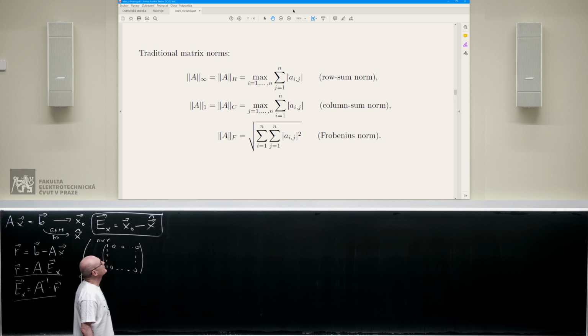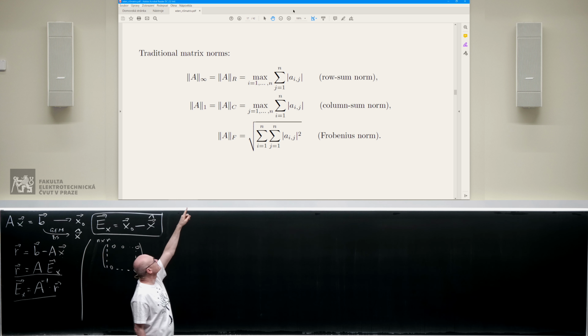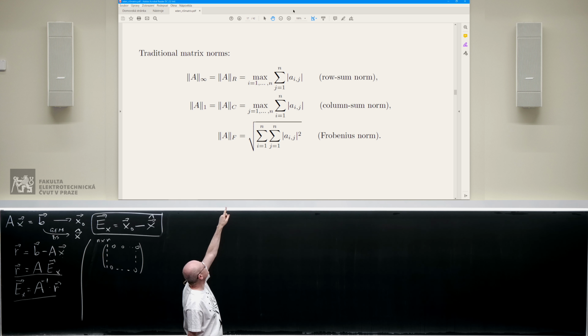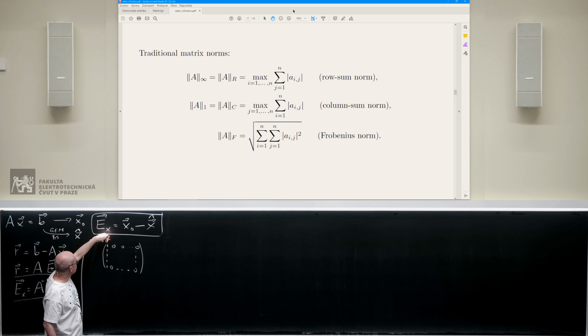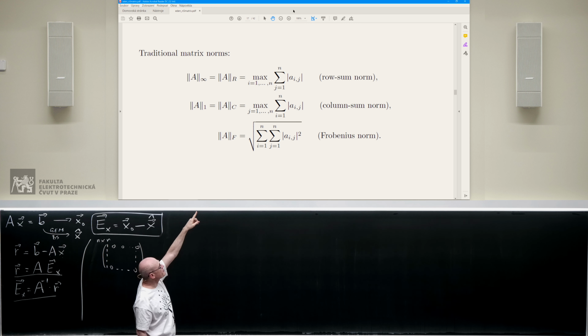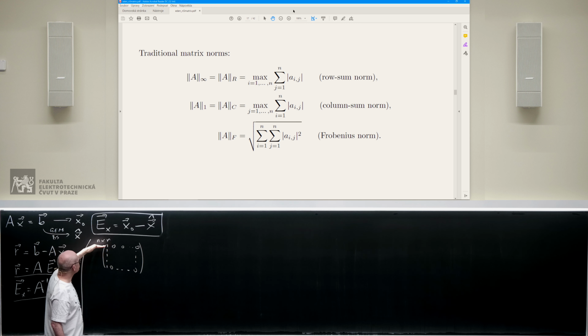So how does it go? We are summing up entries in the matrix, but you can see that the summation runs through j's, and j is the column index. So we are changing columns and summing up. For which i? For a specific i. We choose a row and we sum up everything in this row. That's why it's called a row sum norm.